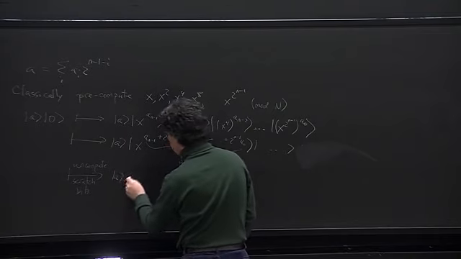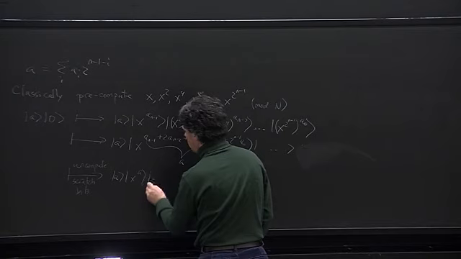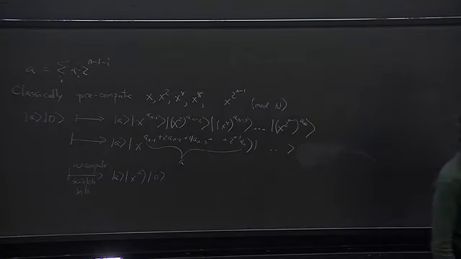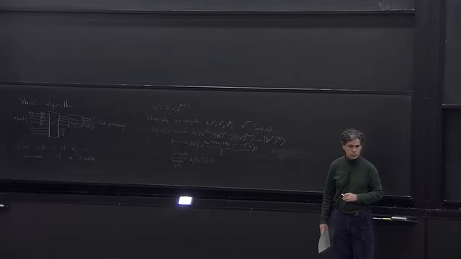We're left with a, x to the a, and then zeros for the scratch. OK? Does that make sense to everyone?